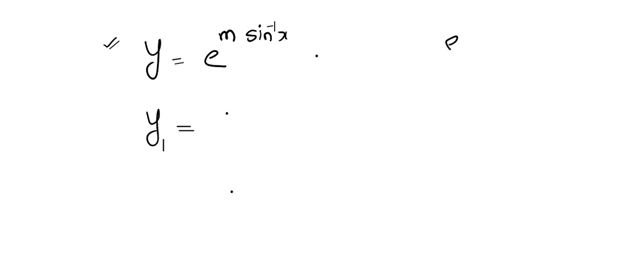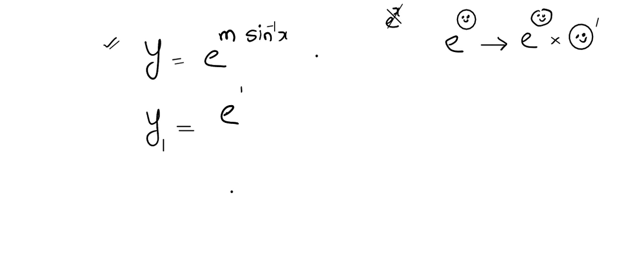Are you able to see e to the power something? As I always tell you, if it is not e power x, and if it is e power something, we have to apply chain rule, which is very easy. E power something differentiated gives you e power the same thing multiplied by the derivative of the something part.